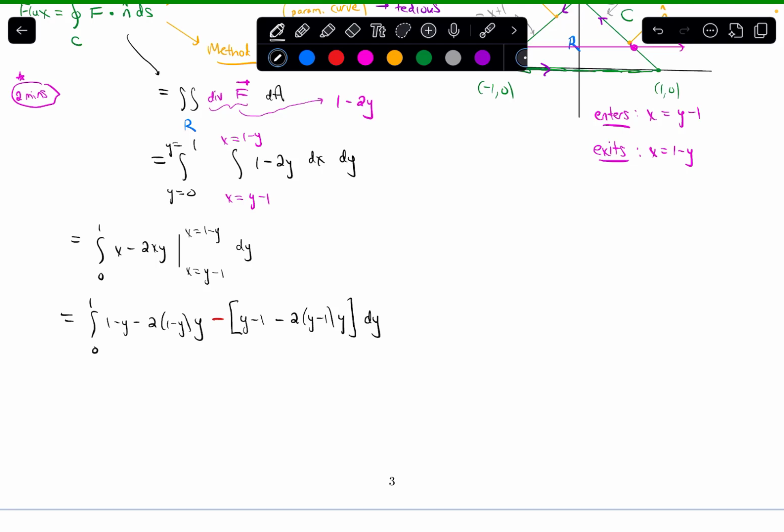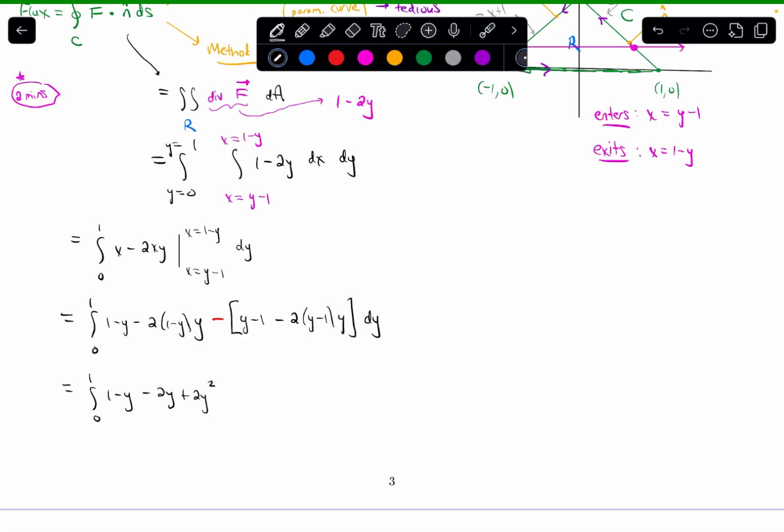All right, so I can simplify this a bit. I get the integral from 0 to 1. Let's see, this is 1 minus y, and now I can distribute this minus 2 and distribute the y into 1 minus y. So that'll give me minus 2y, and then plus 2y squared. Next up, I can distribute this negative sign to these two terms.